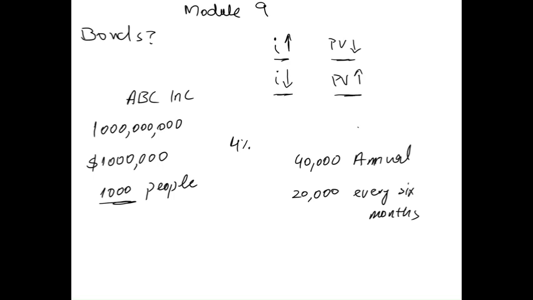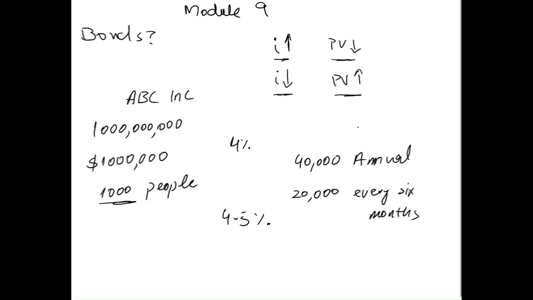They will look at the credit rating of the bond, the history of the company, and the prevailing market interest rates for similar bonds with similar risk. And they might determine that the interest rate should not be 4%. It should be 4.5%.